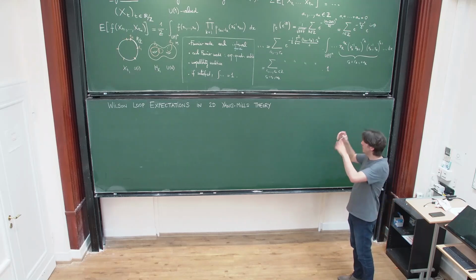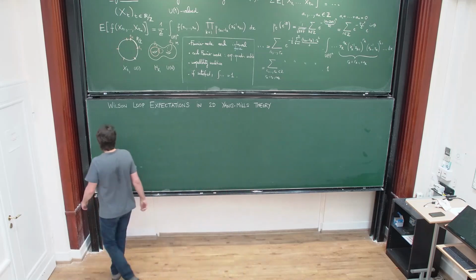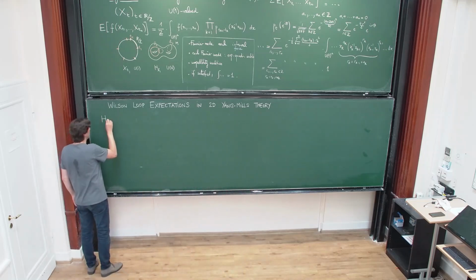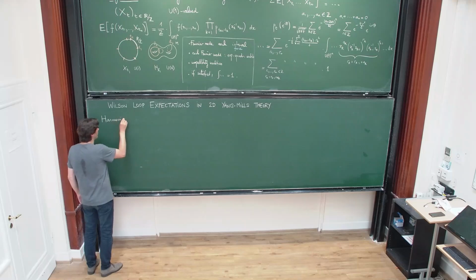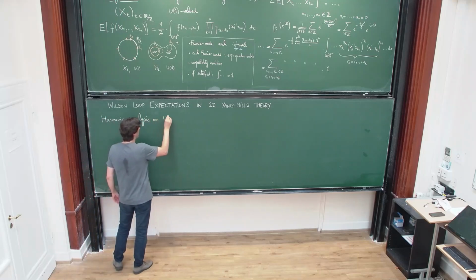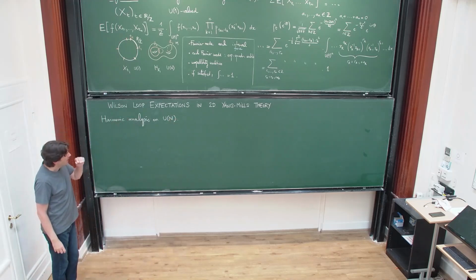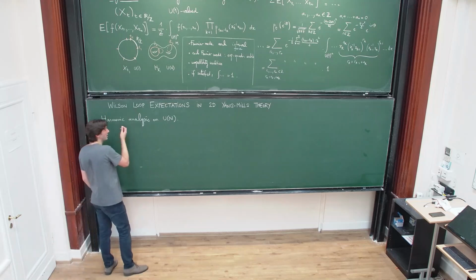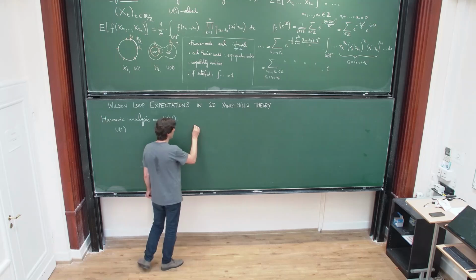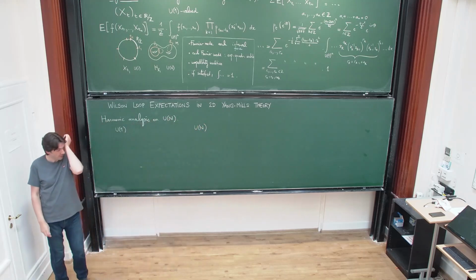And we need the corresponding facts on UN. So I want to list a few facts about harmonic analysis on UN in analogy with the U1 case. Of course it will be very sketchy.